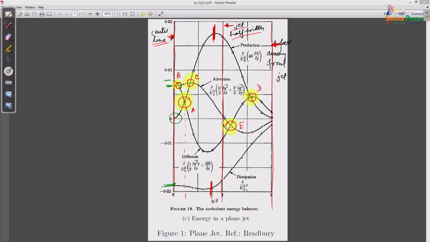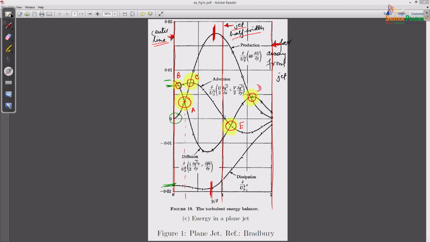At the point B, the values are positive. At the point E, the values are negative, but the magnitude is also different. The magnitude is actually much higher, so the magnitude is also different.